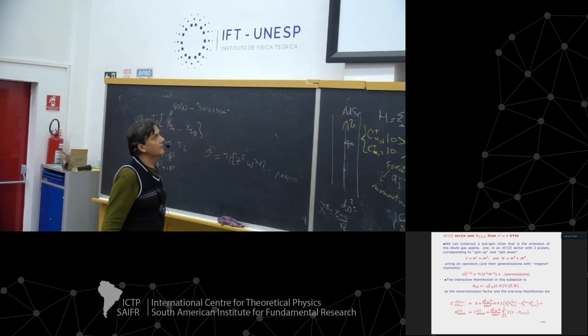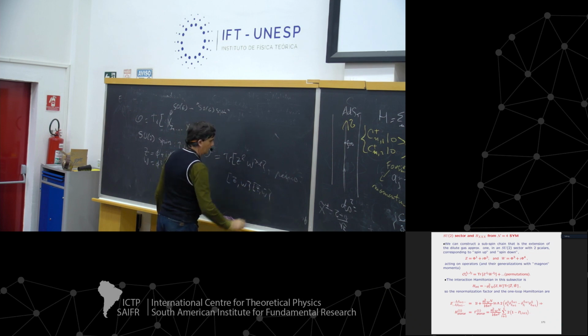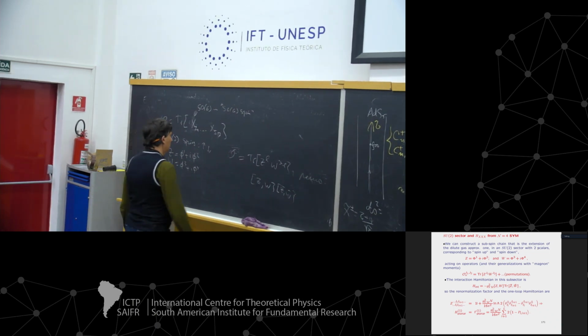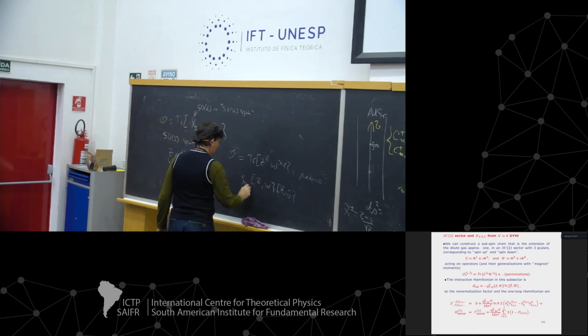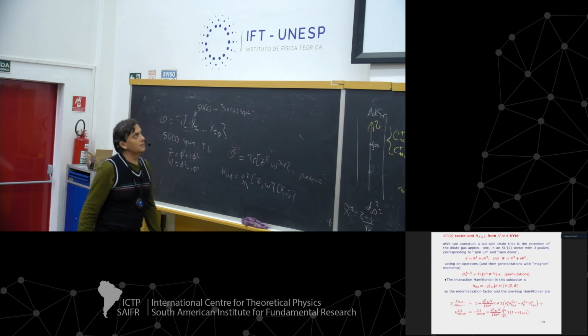And then the interaction Hamiltonian, just like we saw there, is a commutator squared. Now, if I just consider Z and W, this will look like this: with g_YM squared, trace of the commutator of Z and W, absolute value squared.